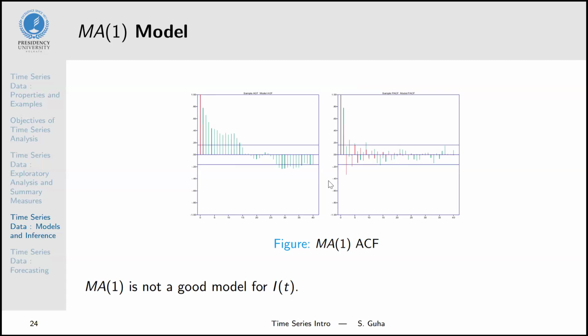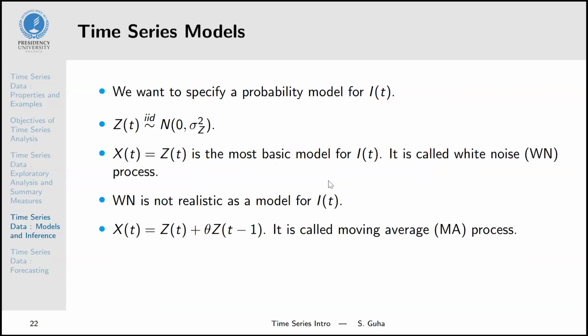So that means for different values of theta, I am getting different processes, and theta is like a parameter. So what I'll do is choose this value of theta based on the observed data, which will give me the best possible MA process.